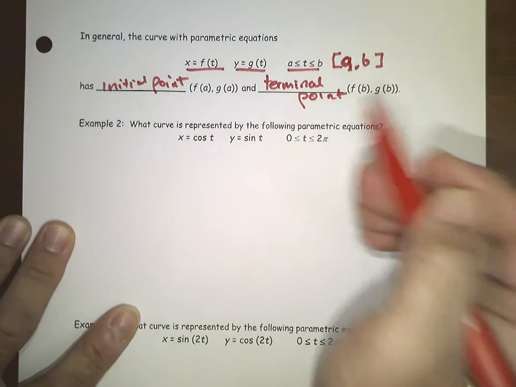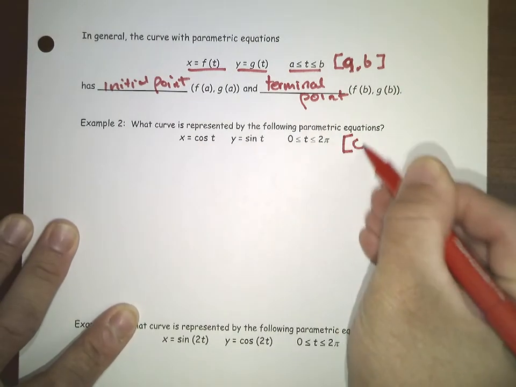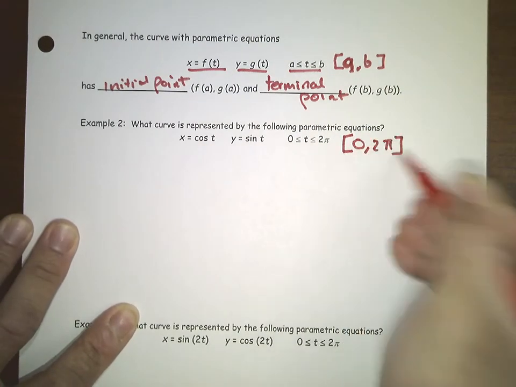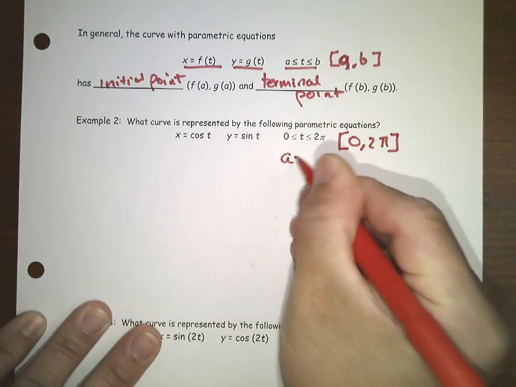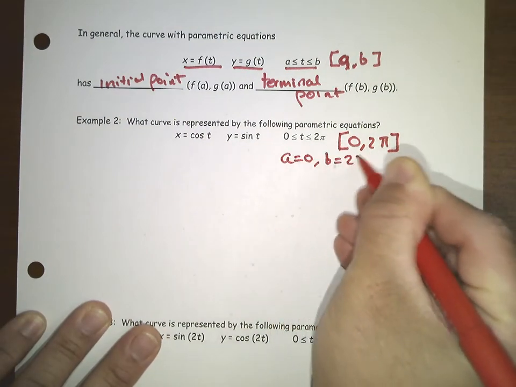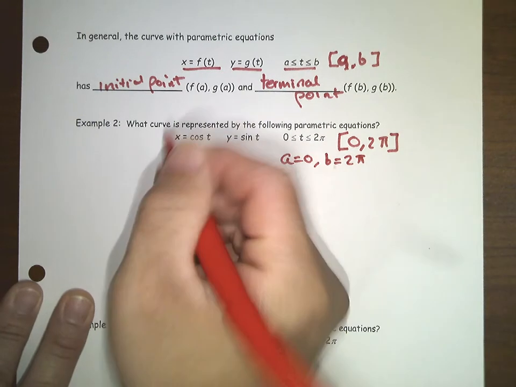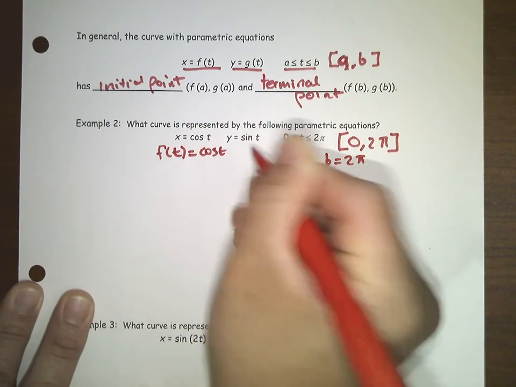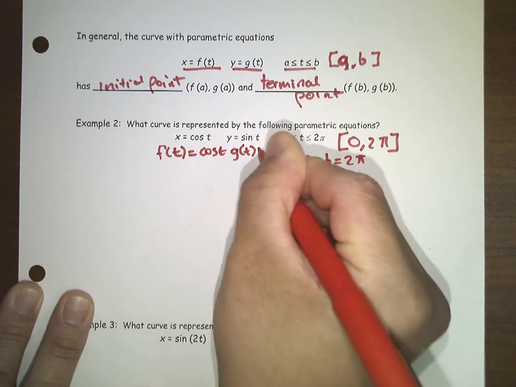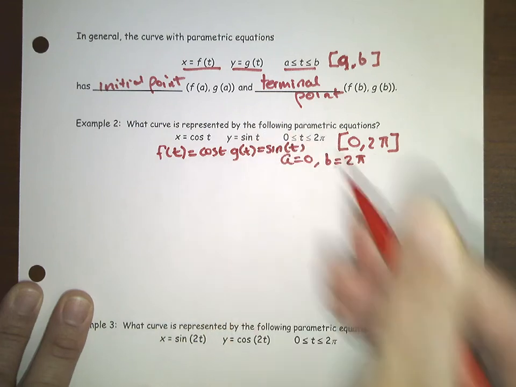But let's say you are looking at one like this: what curve is represented by the following parametric equations, and we're strictly on the interval from 0 to 2 pi. This means that a is 0 and b is 2 pi. And as before, f of t is the x, cosine of t, and g of t is the y, sine of t.